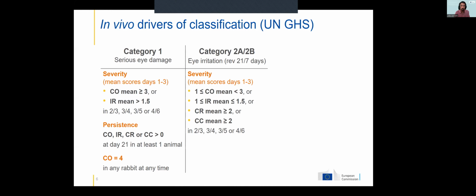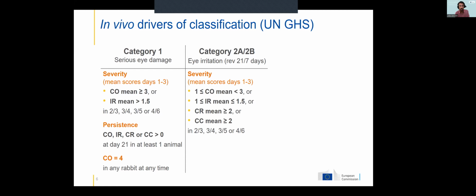So for category 2, these drivers are corneal opacity mean equal or higher than 1, conjunctival redness mean equal or higher than 2, conjunctival chemosis mean equal or higher than 2, and iritis mean equal or higher than 1 for effects appearing during the first 3 observation days, again, in at least 60% of the animals.